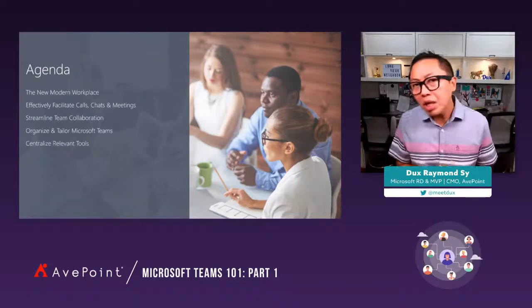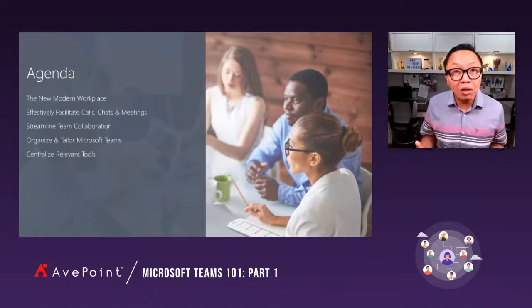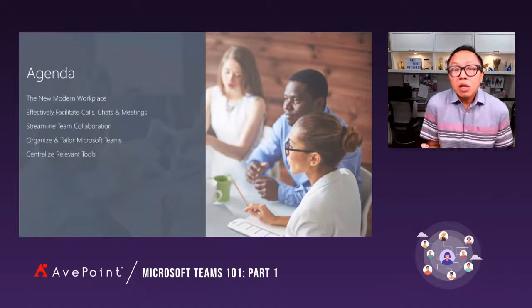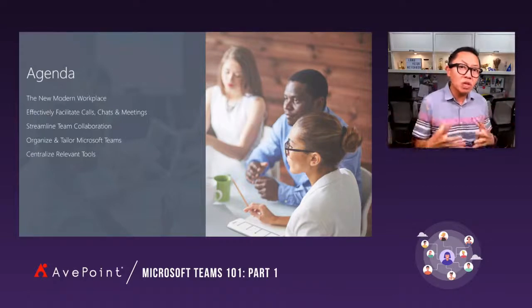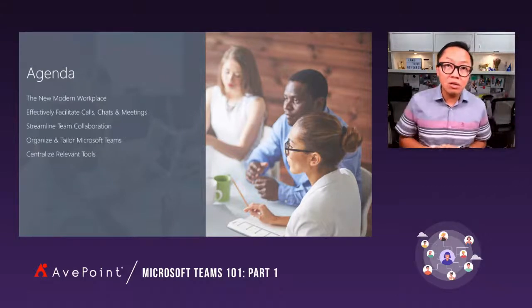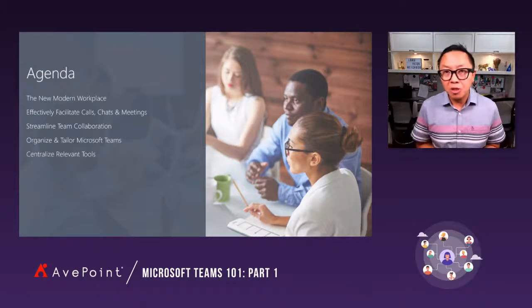And then how can we streamline team collaboration? And then we'll talk about how you can organize and tailor Microsoft Teams so you can use it as effective and as efficient as you can. And then last but not the least, we'll talk about how you centralize tools beyond just Microsoft related tools. And again, having you be more productive and collaborate with your colleagues much better.